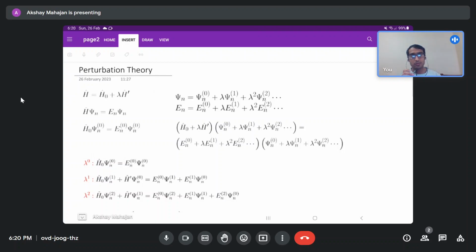What happens in perturbation theory is that we have a Hamiltonian given, and we can write that Hamiltonian as H cap naught plus lambda times H cap prime.